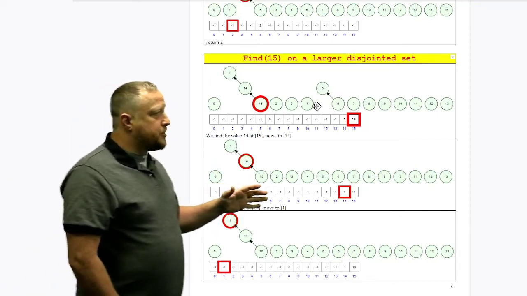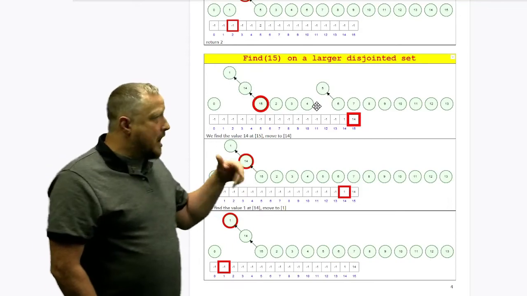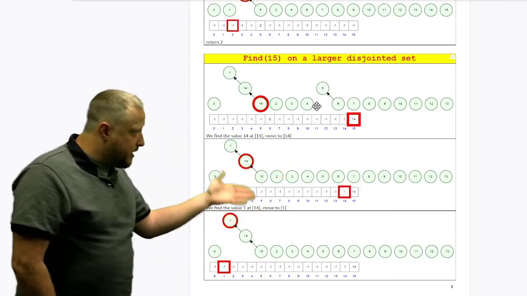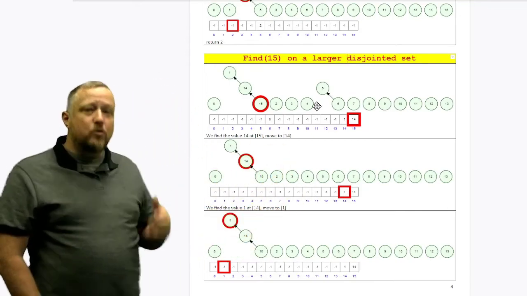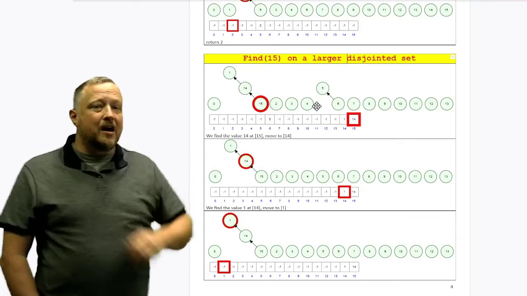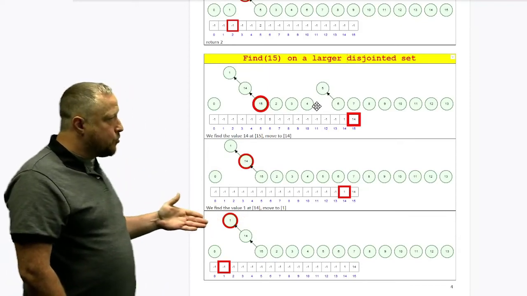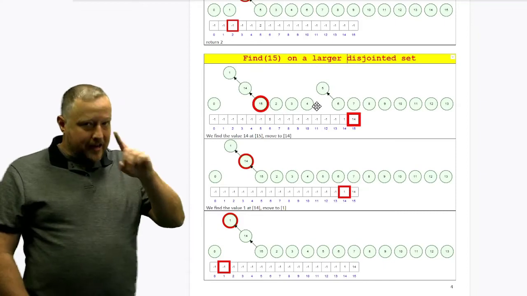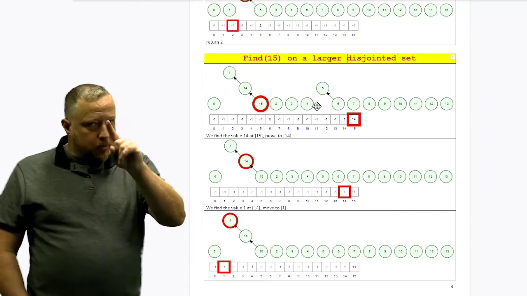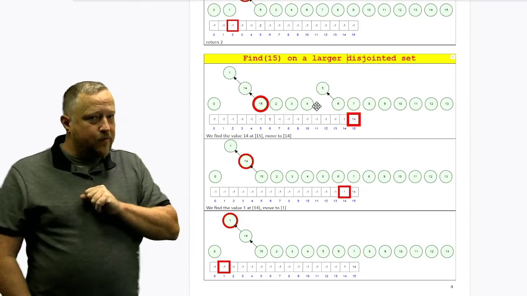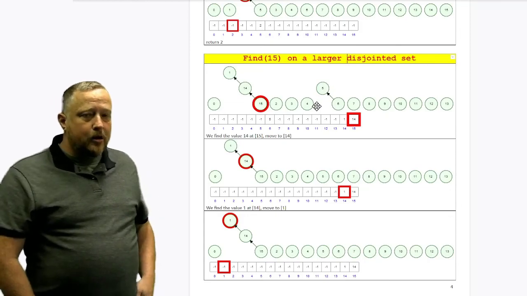Same thing with 14. If we have this find 14, 14 would do these two steps right over again, and it would return 1 because its lead node or root node in that set is 1. Not -1, but 1. So that's where we have to be very, very careful when we do a find in our disjoint set.